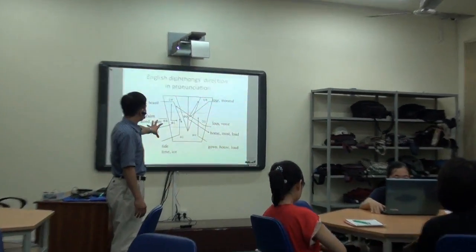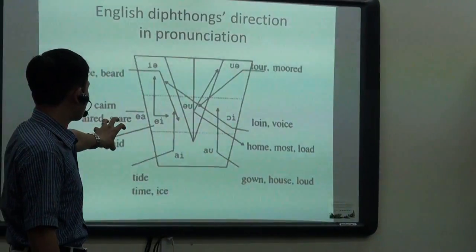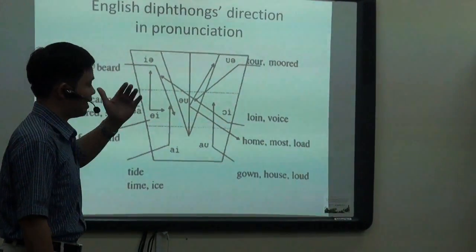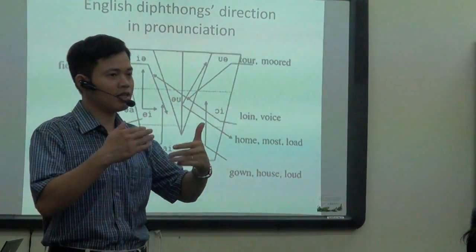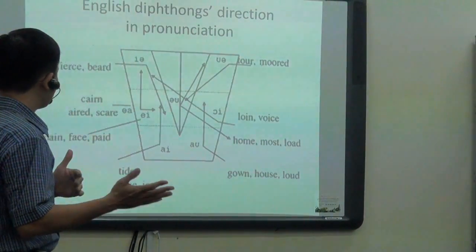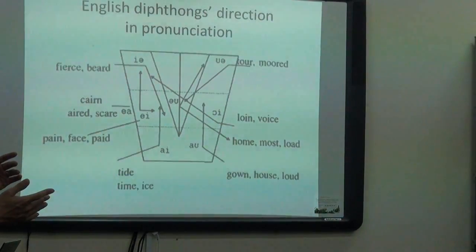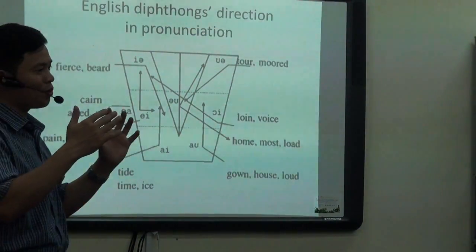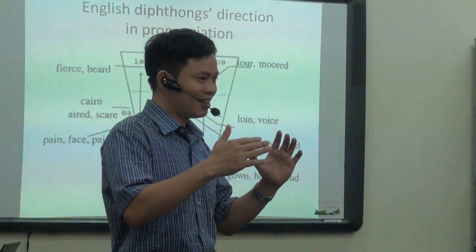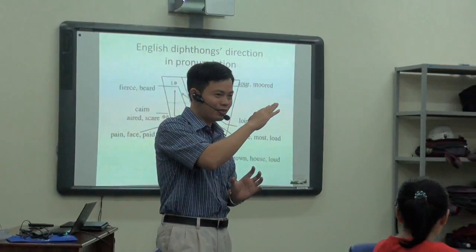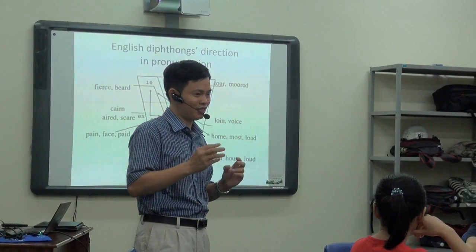Alright, now this vowel chart describes the directions in pronunciations of diphthongs in English, and you see they are quite complicated. They can come in all sorts of directions.